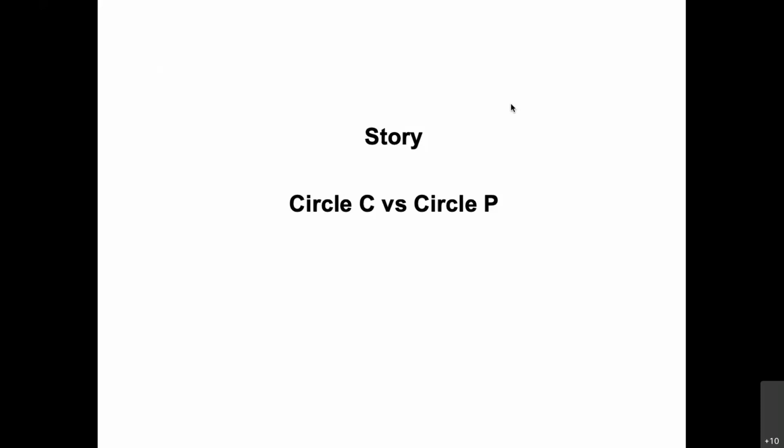So there were 10 Circle Cs because there were 10 songs, and there were 10 Circle Ps of the originals that they gave me. I was able to take all those Circle Ps, all 10 of them, put them together and form a new Circle P.